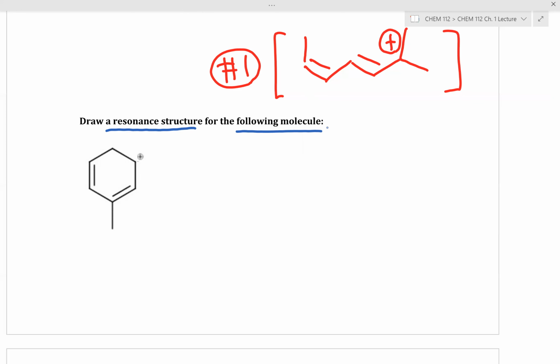The only thing is the cation. So if we move the double bond in between these two atoms, what carbon atom now has less than 4 bonds? Which carbon atom no longer has a double bond? Yep. Exactly. Looks good. The arrow pushing looks good.